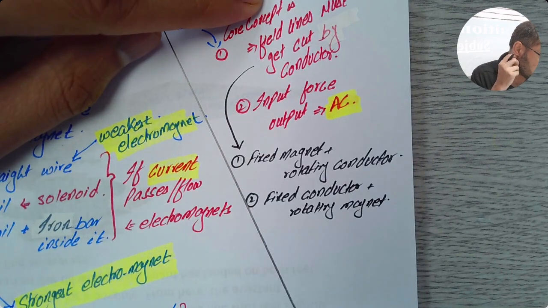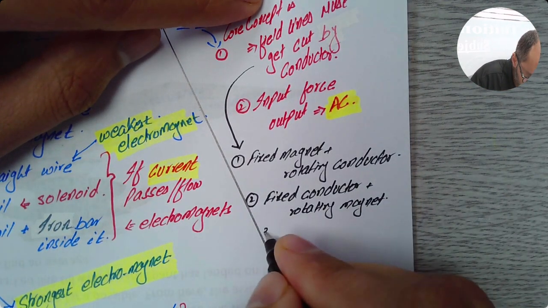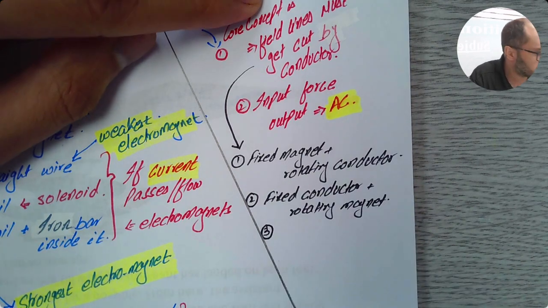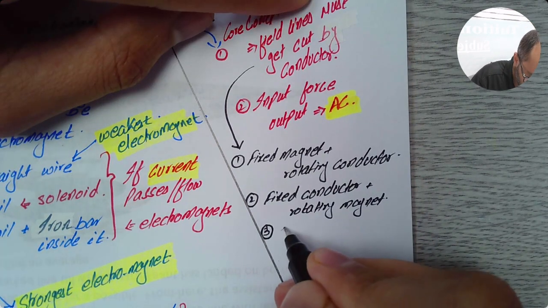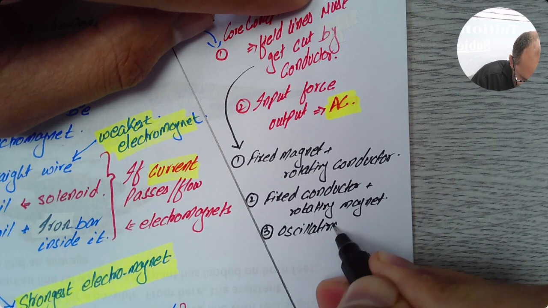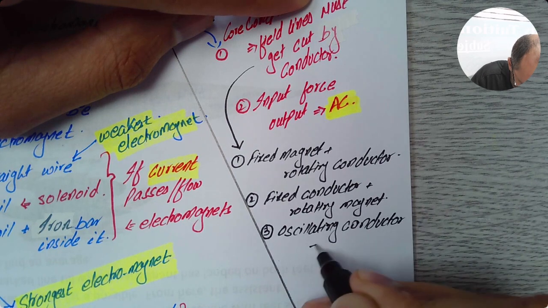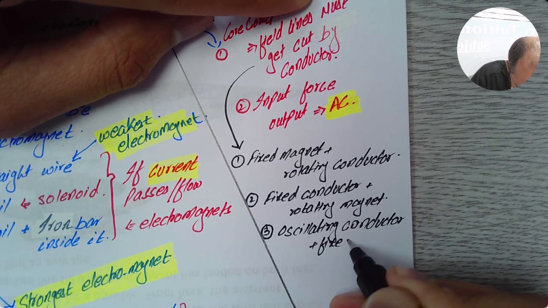Okay. Third arrangement could be an oscillating conductor plus fixed magnet.